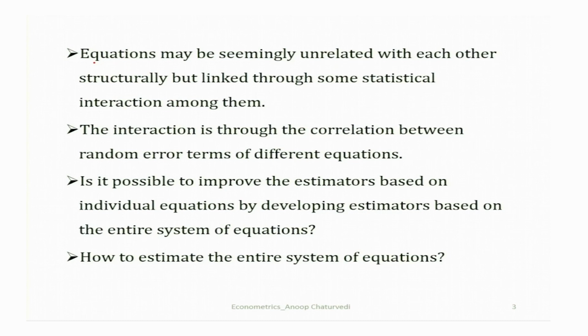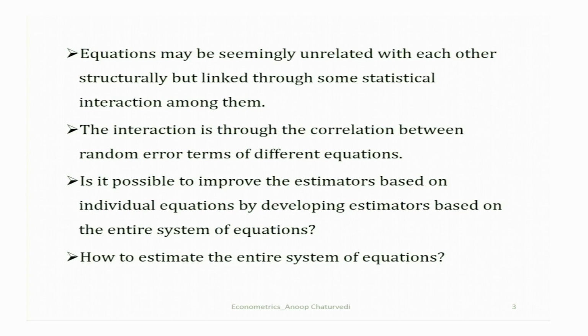For each firm you have a separate equation, so apparently it seems that all the equations are unrelated with each other, but these equations are linked through some statistical interaction among them.